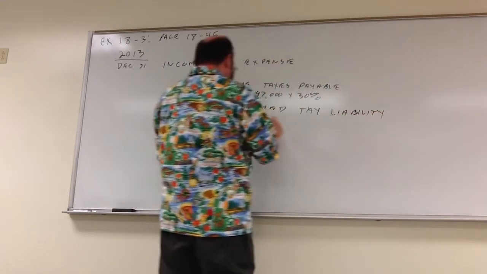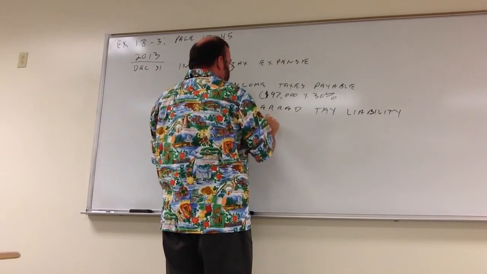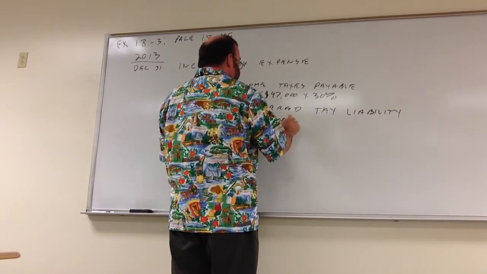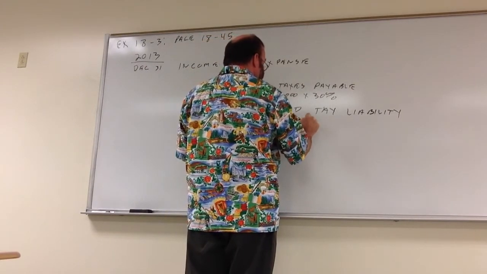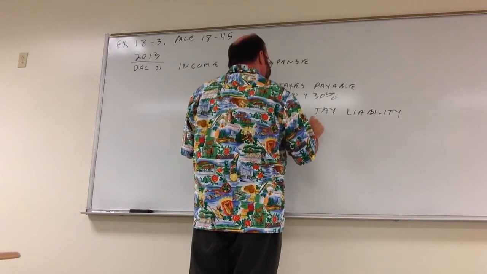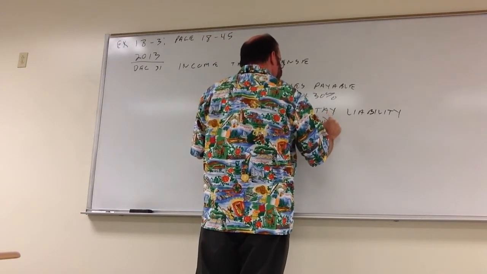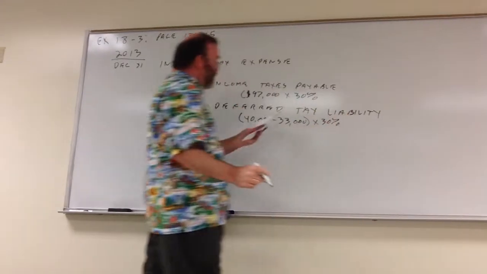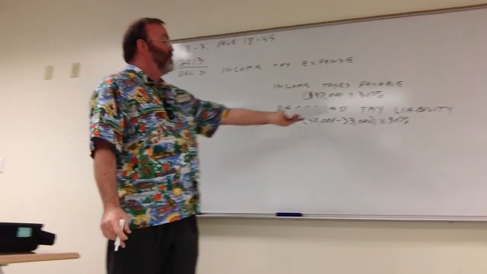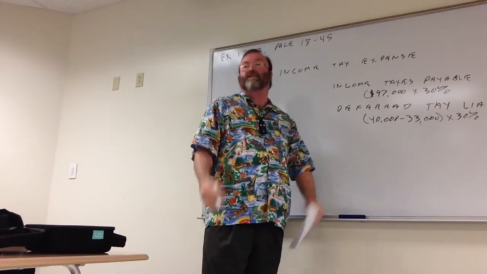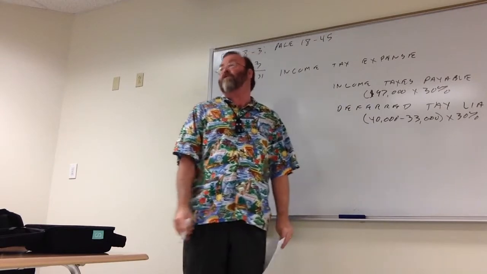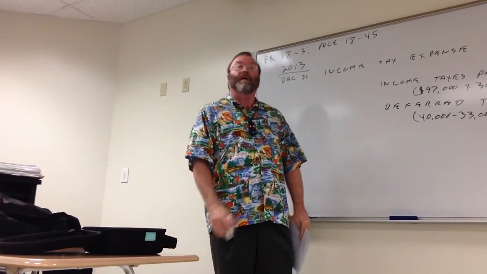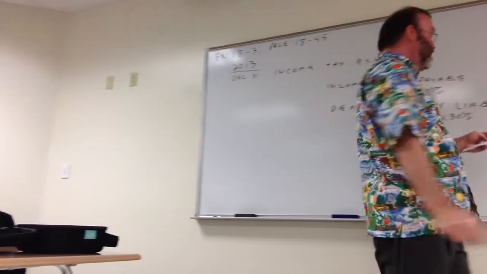It's a liability because we've got more tax deductions right now than we do financial. So we're just going to take the difference in the book value, the $40,000 versus the $33,000. That's a $7,000 difference. And multiply it by the tax rate of 30%.